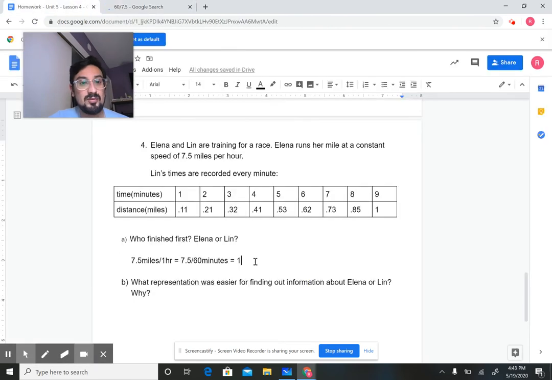So that's 1 mile per 8 minutes. So hers is 1 mile per 8 minutes. Hers is 1 mile per 9 minutes. So Elena finished faster, finished first.